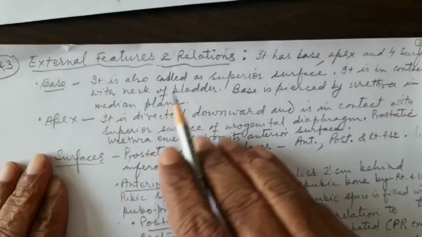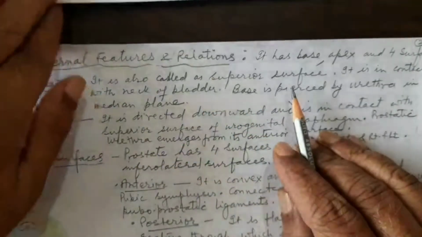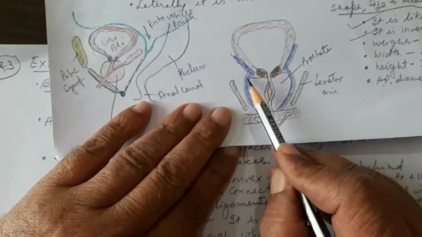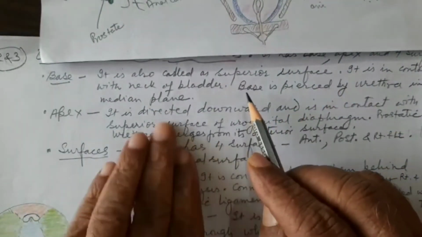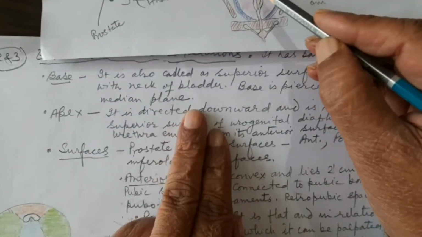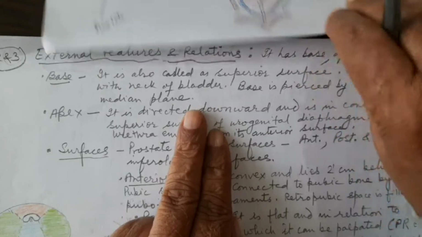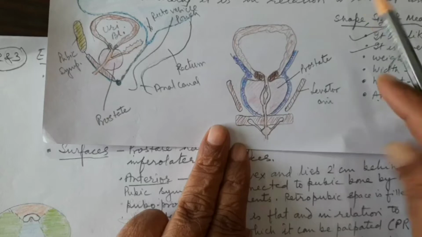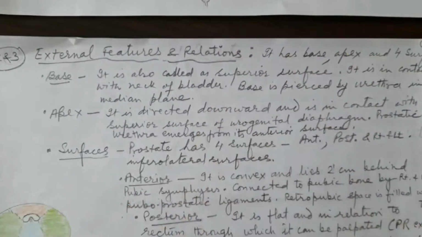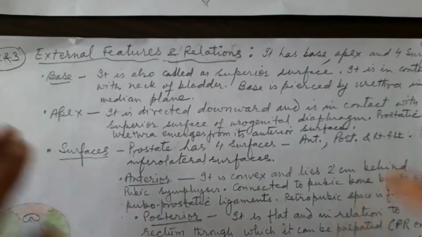Base is also called the superior surface. So this is the base, which is called the superior surface, and this is in relation with the neck of the bladder. See, this is the neck of the urinary bladder, and the base is in relation to the neck of the urinary bladder.